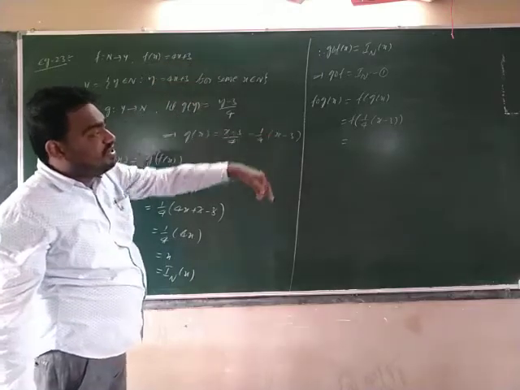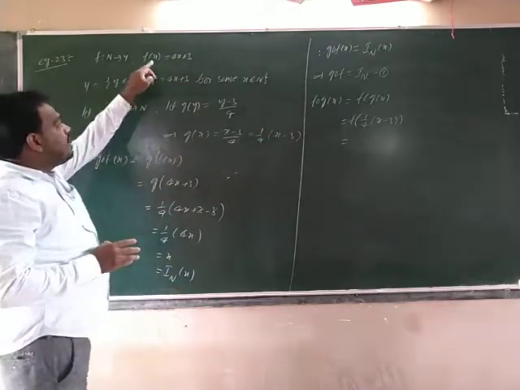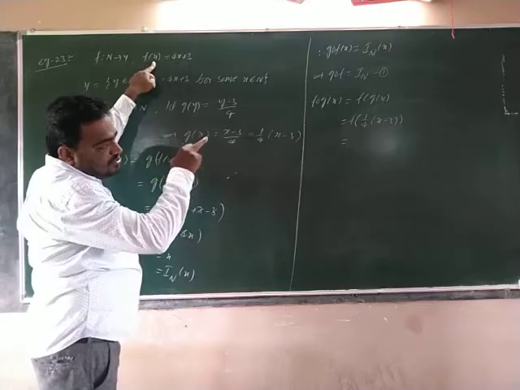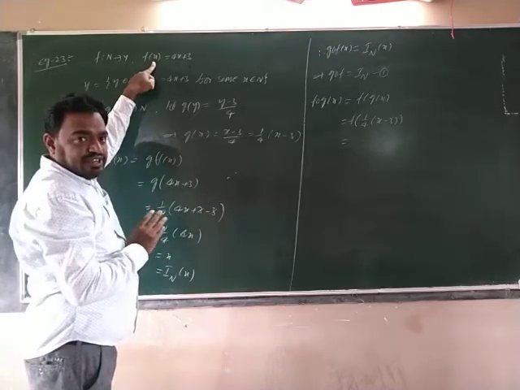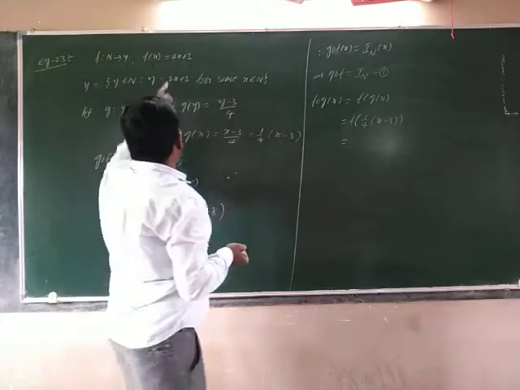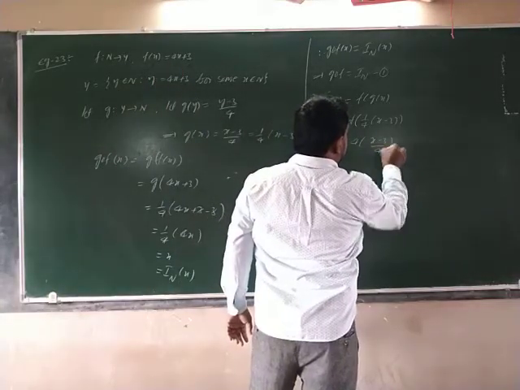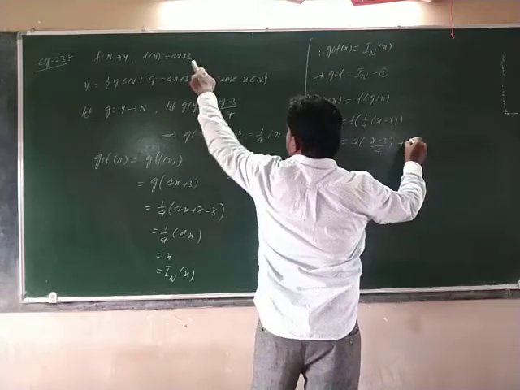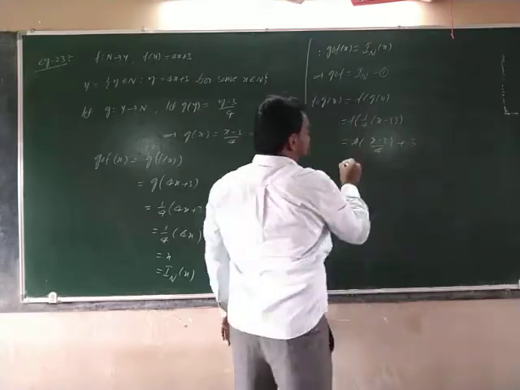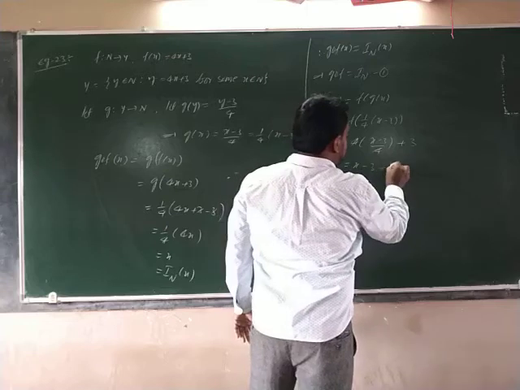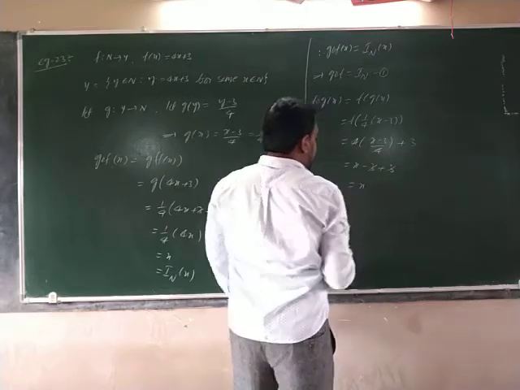In place of x we substitute 1 by 4 into (x minus 3), otherwise (x minus 3) by 4. So that is 4 into (x minus 3) by 4 plus 3. The 4 gets cancelled: x minus 3 plus 3. The 3 gets cancelled. This is equal to x.